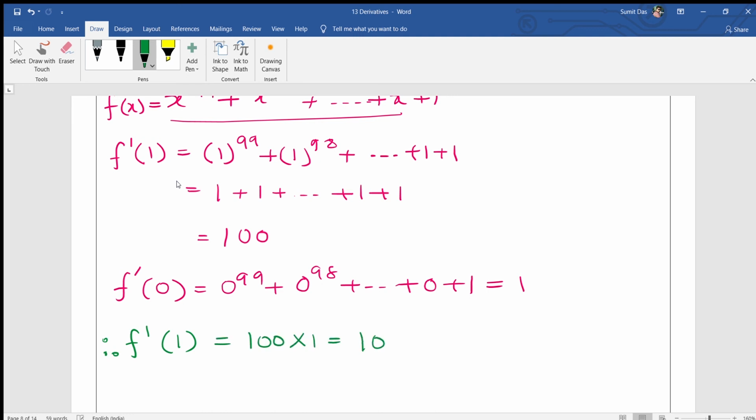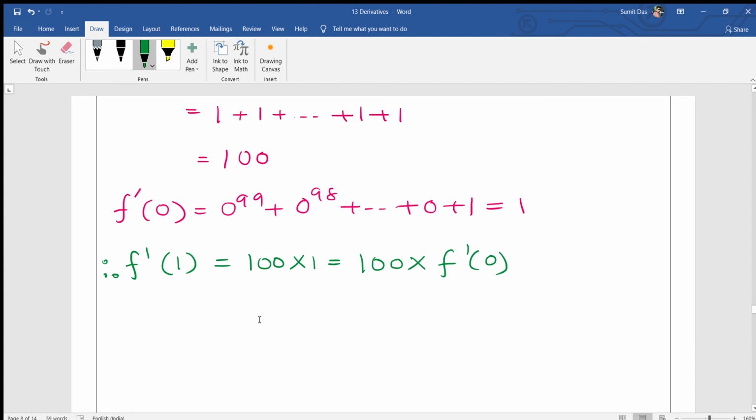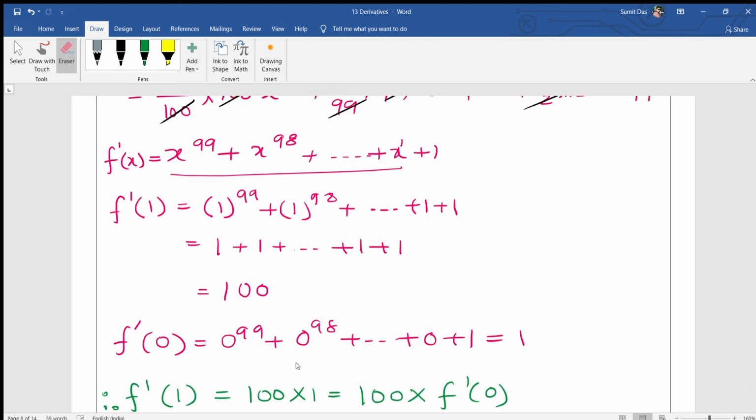Instead of 1, we can write 100 into f dash 0. Therefore f dash 1 is equal to 100 f dash 0. Hence proved.